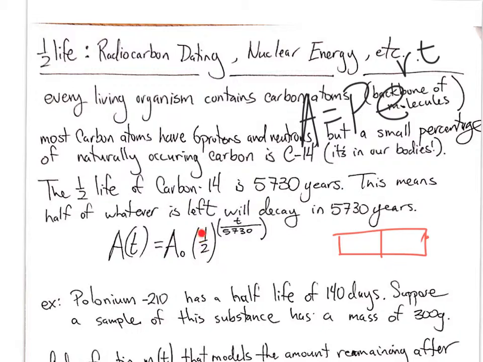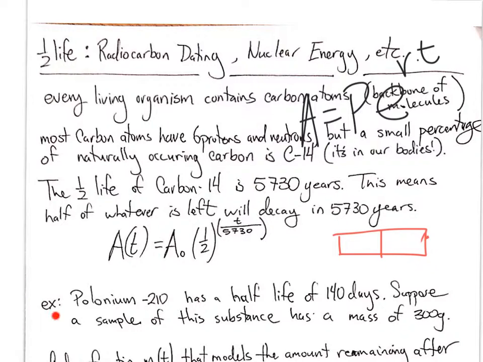That's not a coincidence. Every time we multiply by 1/2, the stuff is cut in half. And then t divided by 5,730, meaning if we plug in 5,730 for time, then we're multiplying by 1/2. So in general this is how we could write a half-life equation.